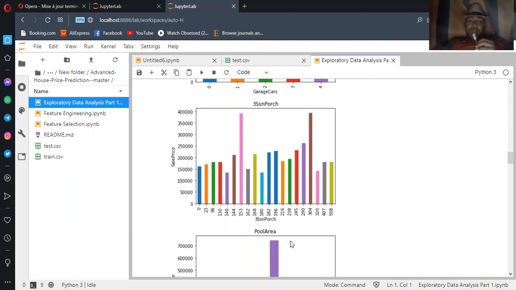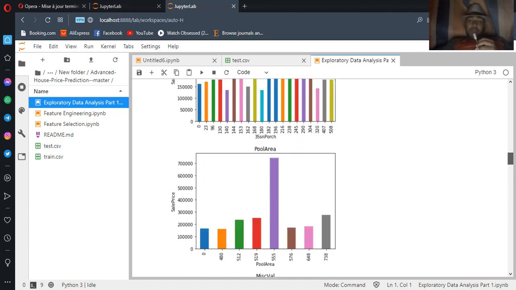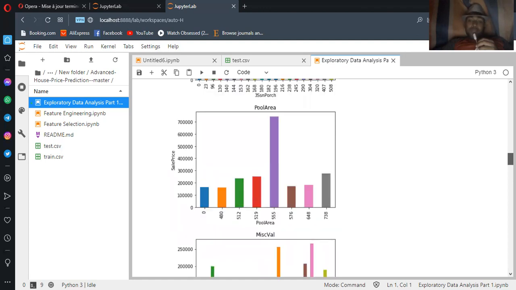If we continue in this process, we also have this one, enclosed porch. I don't know what that means, but as we see, we have different colors. The most frequent here is this one. We have 304 and 153, and also for this pool area, here we have this purple one. We have 3555 as the most frequent one here.